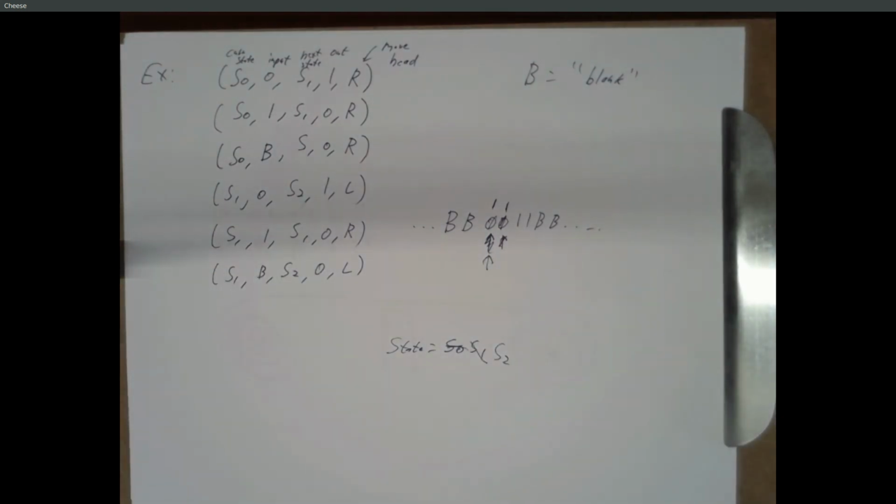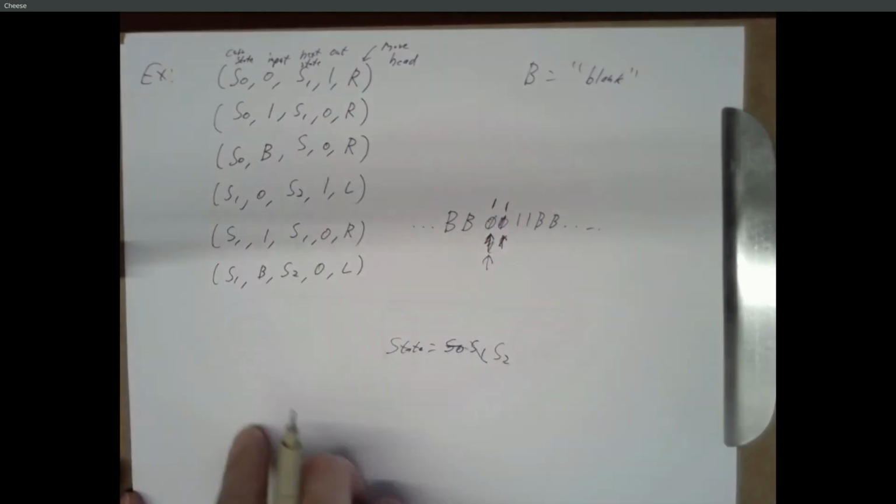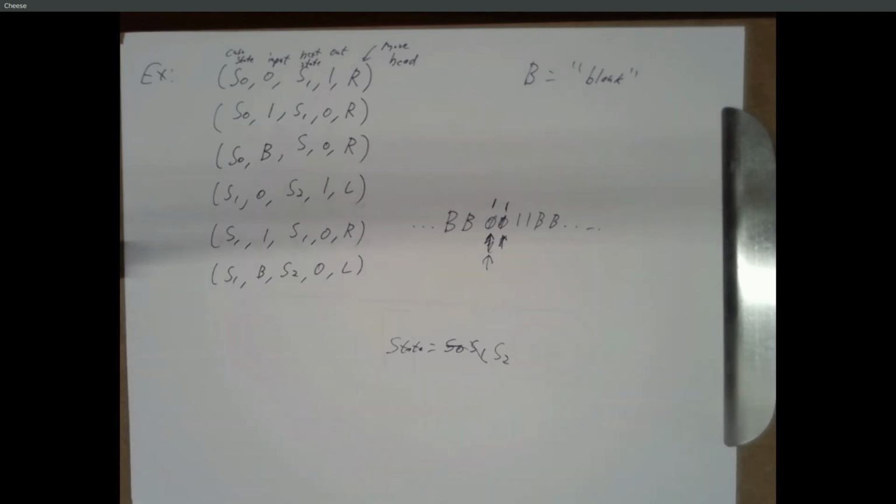And then it's going to look for a rule that says if I'm in state 2 and I have a 1, and it's not going to find one, the machine will halt. So all it did was take those first 2 zeros and replace them with a pair of 1s. Not terribly exciting, but sufficient to do everything we do on computers today.